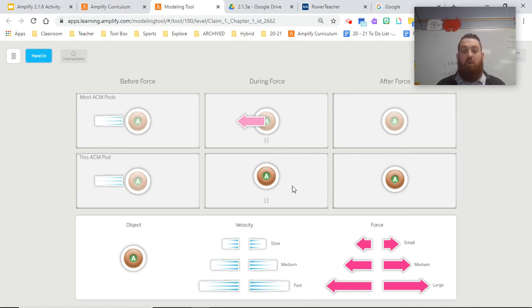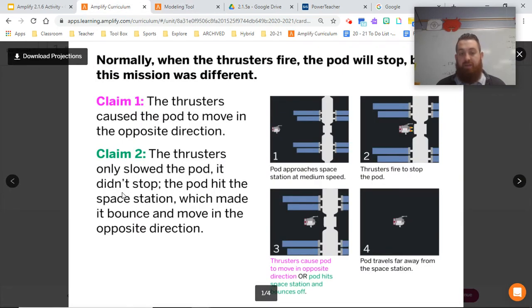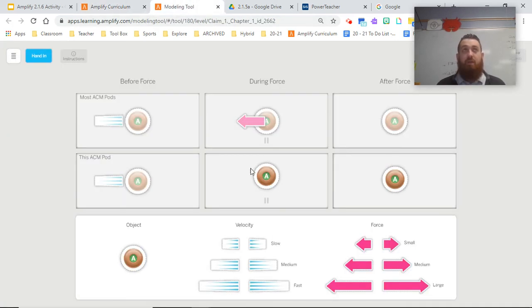So we'll have to think about what force the thrusters were applying, and then what force the station applied in this situation, causing it to bounce off. So thinking about the force of the station, and then what it would look like as it traveled in the opposite direction. So we will be doing that for claim number 2.